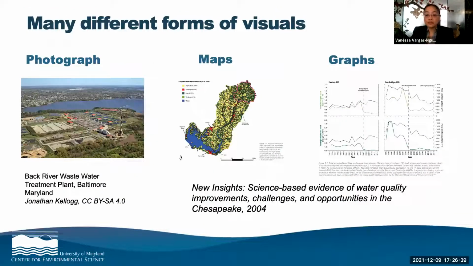Some of the commonly used visuals are photographs, maps, and graphs. The key here, though, and it goes for all visual elements, is that we have to make sure that you have the proper attribution before using them, that you can actually use them in your report, in your presentation.